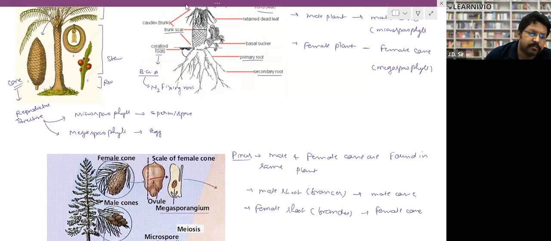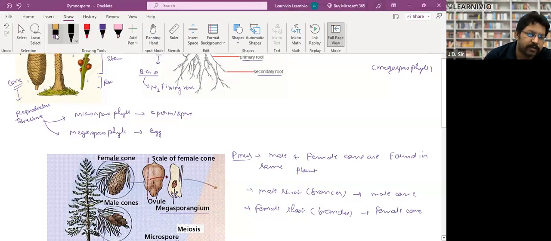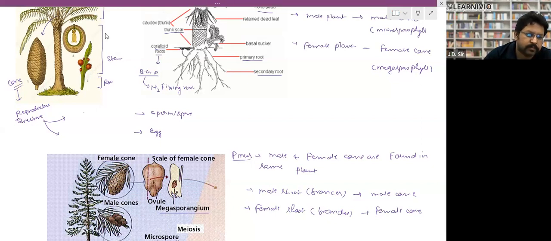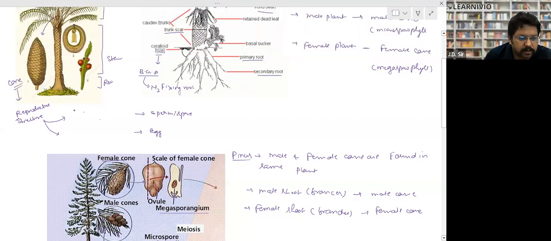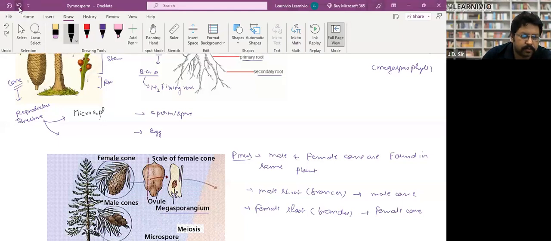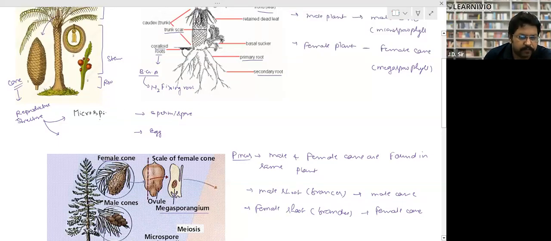Let me write it down more clearly. Microsporophyll and megasporophyll. They have microsporophyll and they have megasporophyll.